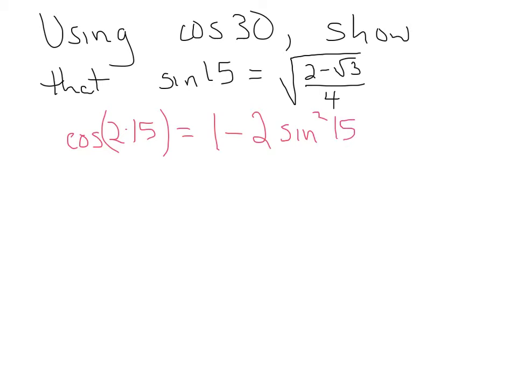That is the identity from the previous slide. Cosine 2a equals 1 minus 2 sine squared a.